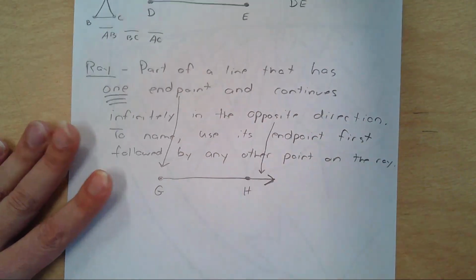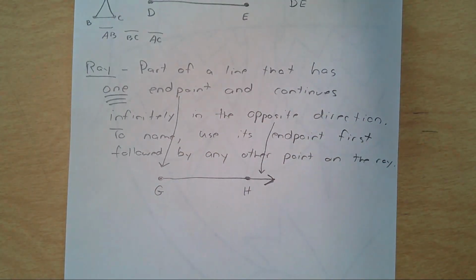Right there, that is being represented as going through point H, and forever and ever it shall go. But it starts, or originates, at point G. That's where it begins.